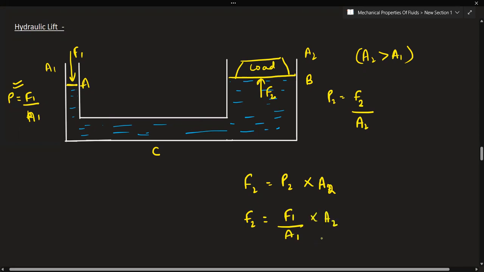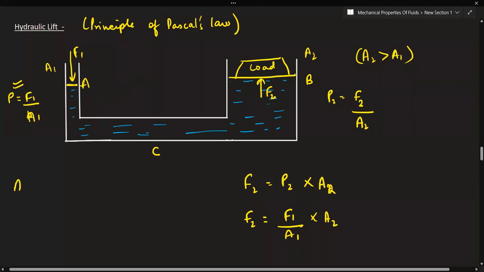Yes or no? So this hydraulic lift is basically based on the principle of Pascal's law, or you can say it is one of the applications of Pascal's law. Fine.